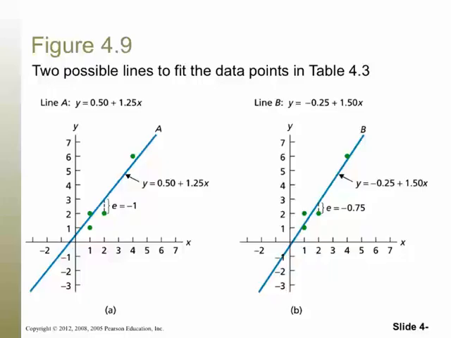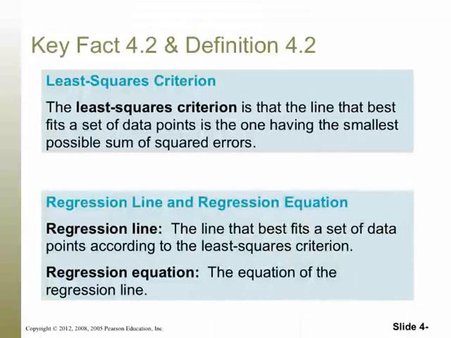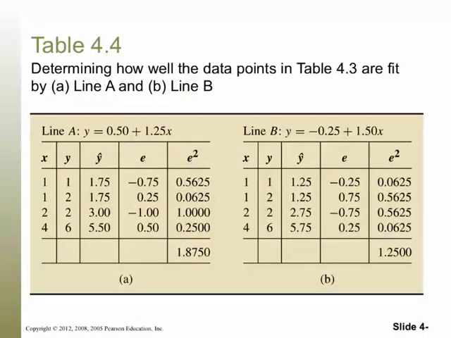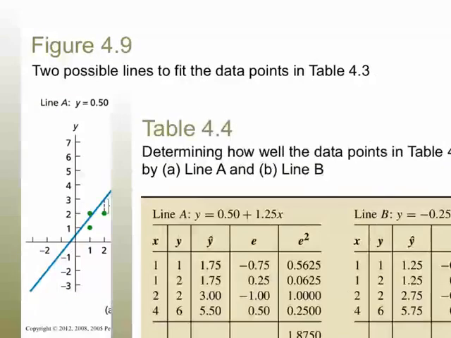Can you see that B is doing a better job fitting than A? B has a steeper slope, so it does a better job of going through the points. And here's where the numbers show it: the sum of the squares is lower.